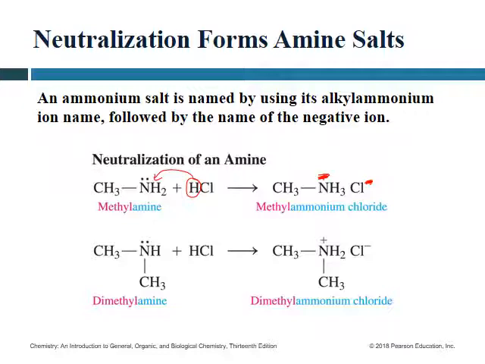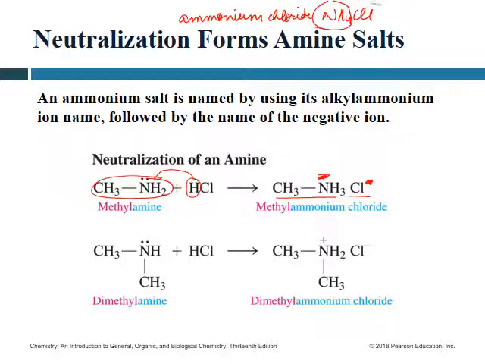So now what is this salt called? This is methylamine, and what would the ion be called? Methyl ammonium ion, right? So now the salt would be called methyl ammonium chloride, just like how NH4Cl is called ammonium chloride. So whatever is the name of the ammonium, followed by the name of the anion.